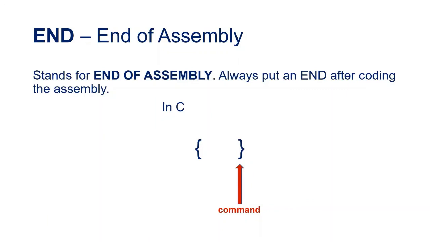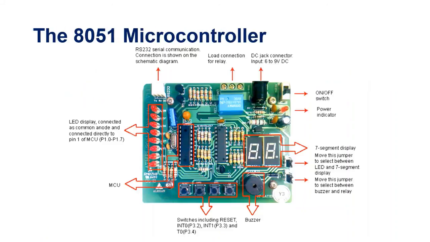In the same way, sa assembly programming, meron tayong ORG or the origin which is represented by this one in C. Ito naman, nire-represent siya ng END. Take note na kapag gumagawa tayo ng assembly program, we always start with the origin command stating kung saang address tayo mag-start and then we will end the assembly using the END command. Otherwise magkakaroon ng error or hindi mag-execute yung ating program.